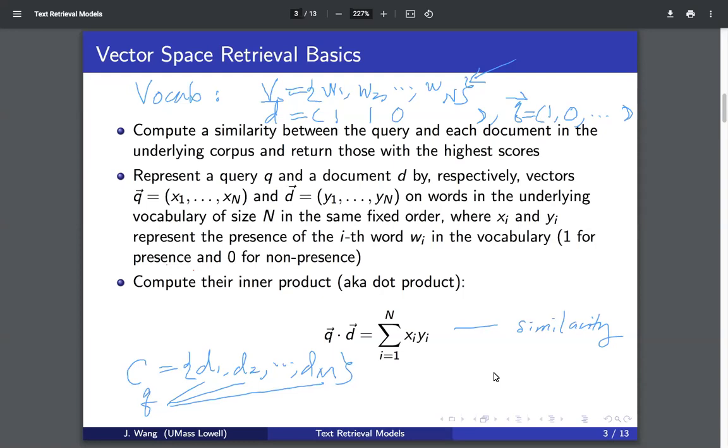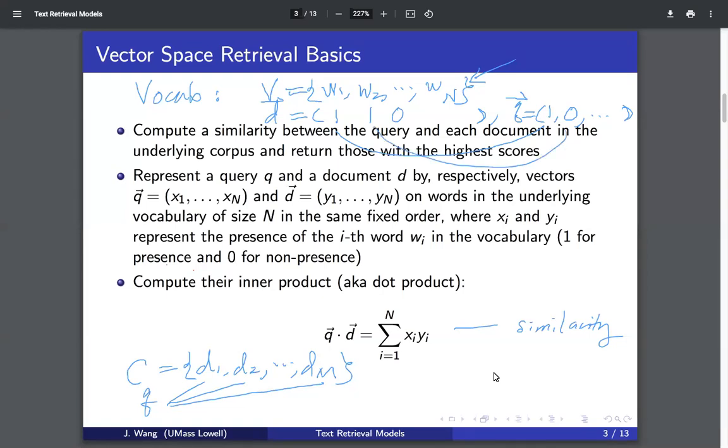Our goal is to see whether D contains the words in Q. So the inner product is the obvious choice. You multiply each of these elements, like 1 times 1, which is 1. That means I have one match. And this one, which is zero, doesn't match.